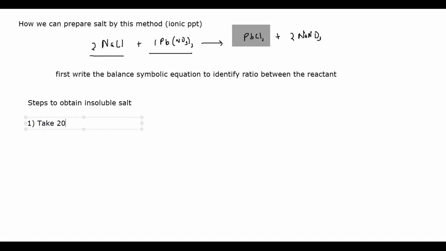So take 20 cm cube of NaCl and mix with, how much lead nitrate should I take? If I'm taking 20 cm cube of NaCl, how much lead nitrate should be there? So it should be 10 or half of that. So take 20 cm cube of sodium chloride mixed with 10 cm cube of lead nitrate.